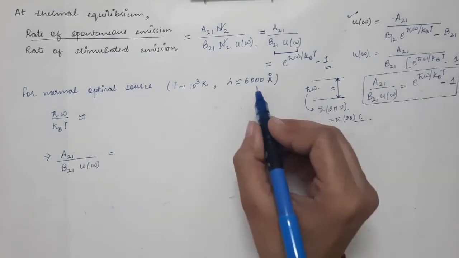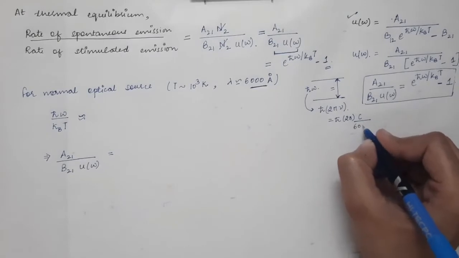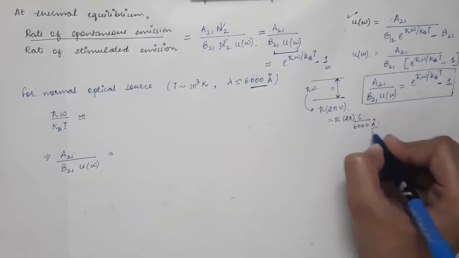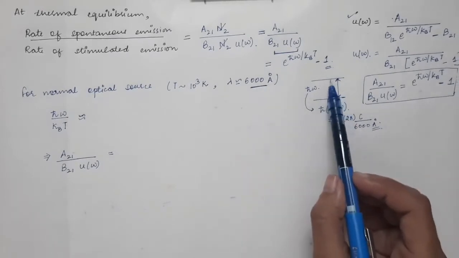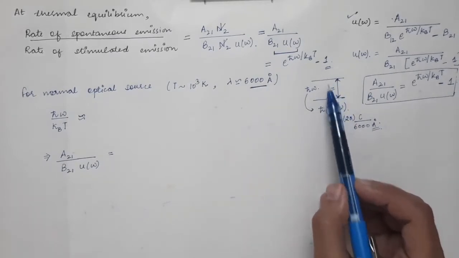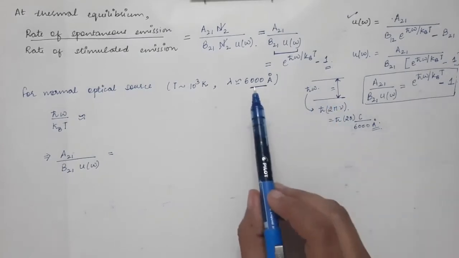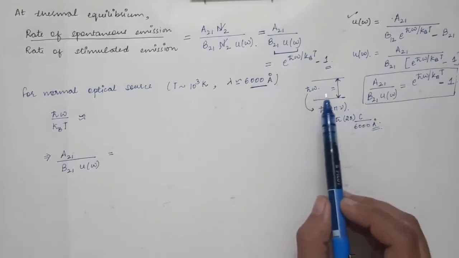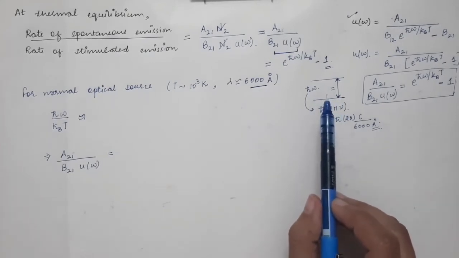Lambda is, since we are using visible region light, 6000 Armstrong. So we are taking into account that the difference in the two energy levels lies in the visible region. We are using visible region photons to make transitions in this two-level oscillator.